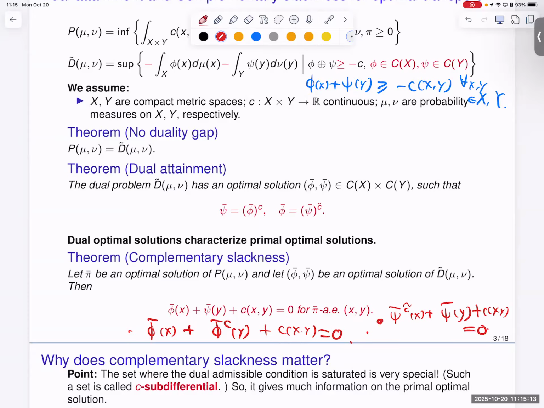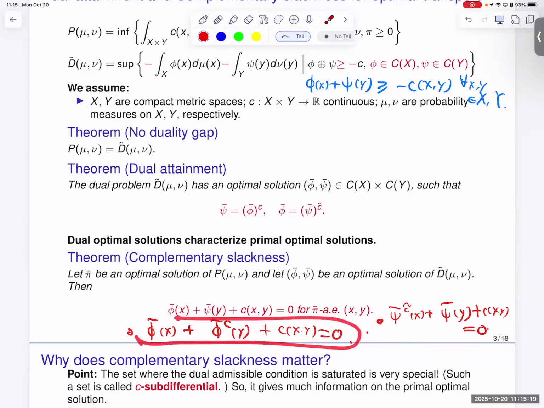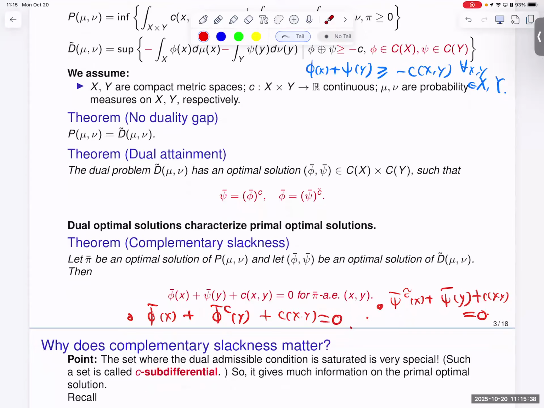Of course, these two are the same condition, equivalent. But this says that the optimal transport plan is supported where this condition for the dual optimal solution and its c-transform is saturated. So that's what we want to investigate.